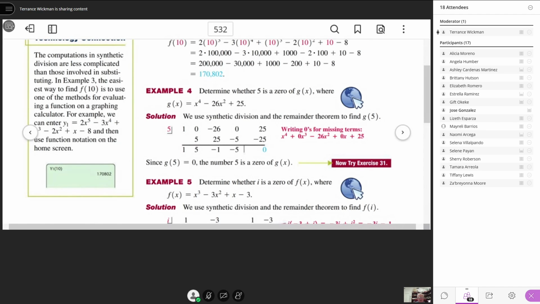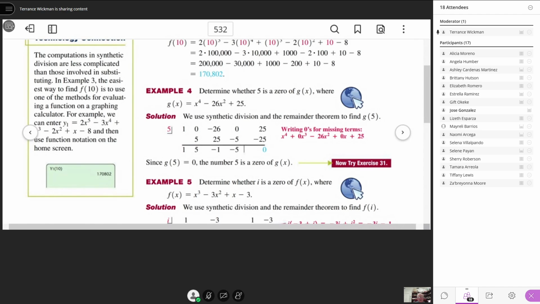And if you subtract 25 times 26, you should be doing this in a calculator. 25 times 26, you're going to get 650. And then, hey, you get a 0.